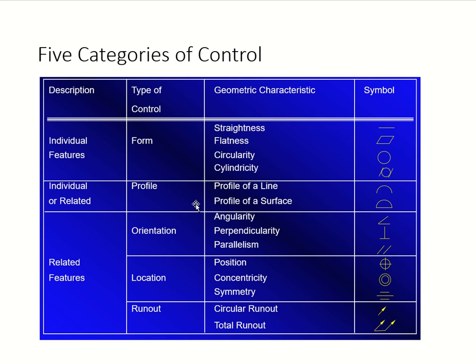We're going to get into each one of them. So the types of control are form, profile, orientation, location, and runout. These are our categories.